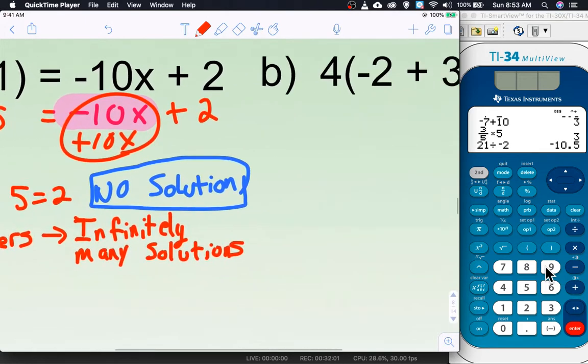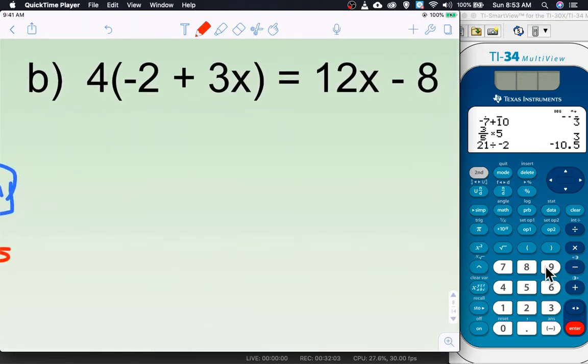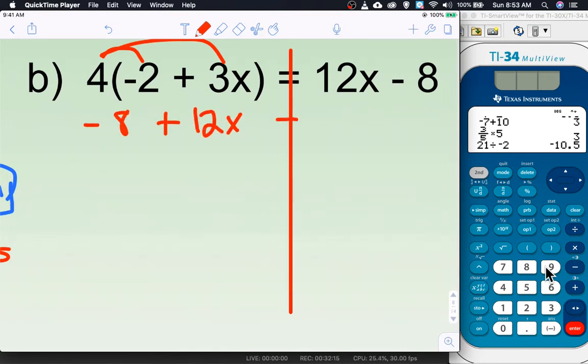Okay, let's move on. Letter B. Line. I said I wasn't going to do it anymore. I lied. I did it. Distribute. Boom, boom. Negative 8 plus 12x equals 12x minus 8.